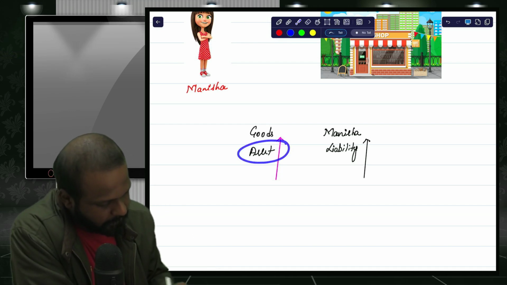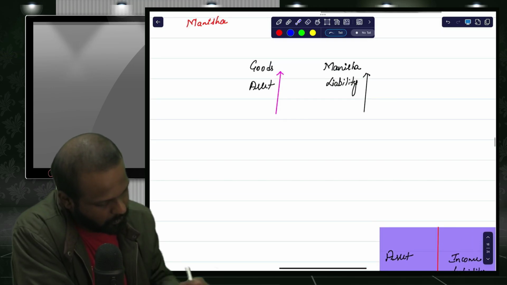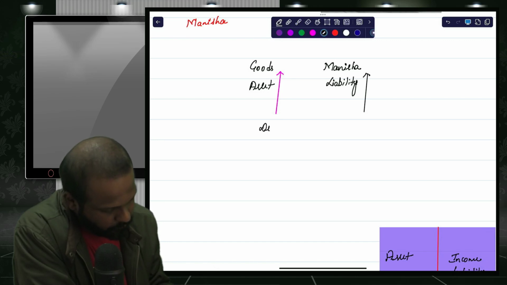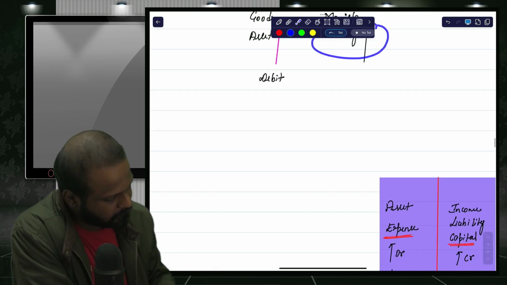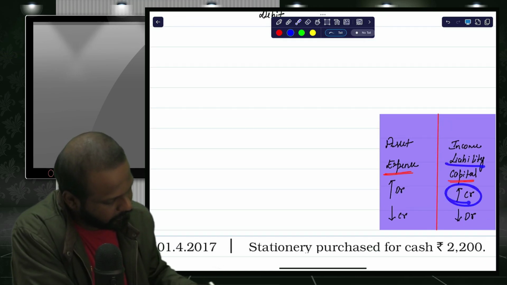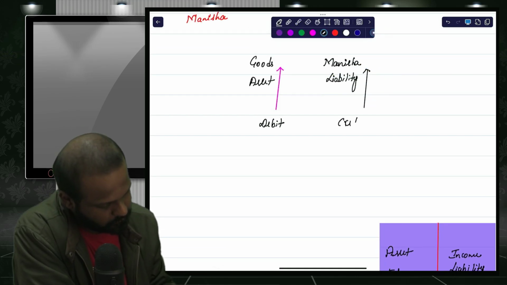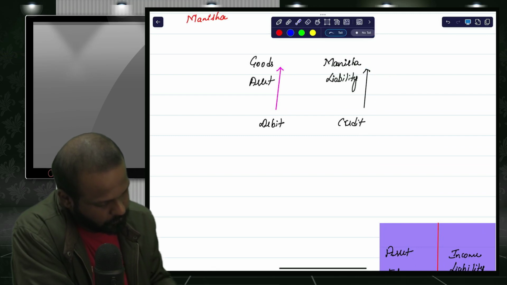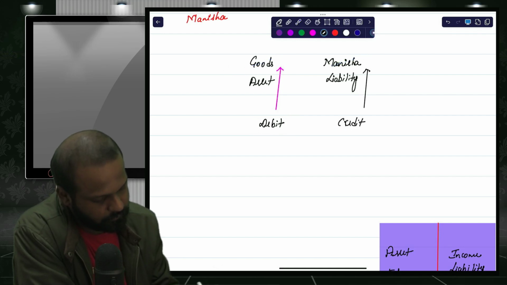So asset is increasing. We do debit. Asset increases, we do debit. Liability increases, we do credit. So debit will be goods and credit will be Manisha.